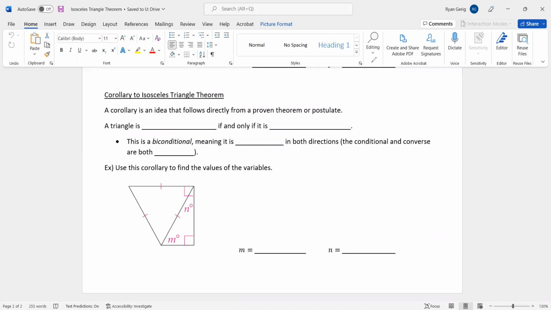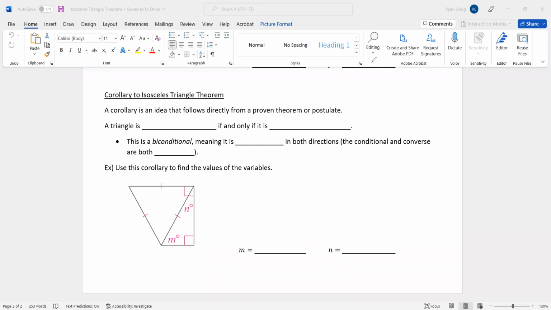Now, just to recap, isosceles triangle theorem says if two sides are congruent, then the angles across from them are congruent. What happens if all three sides are congruent? Well, then wouldn't all three angles across from them be congruent as well? Yes, they would.